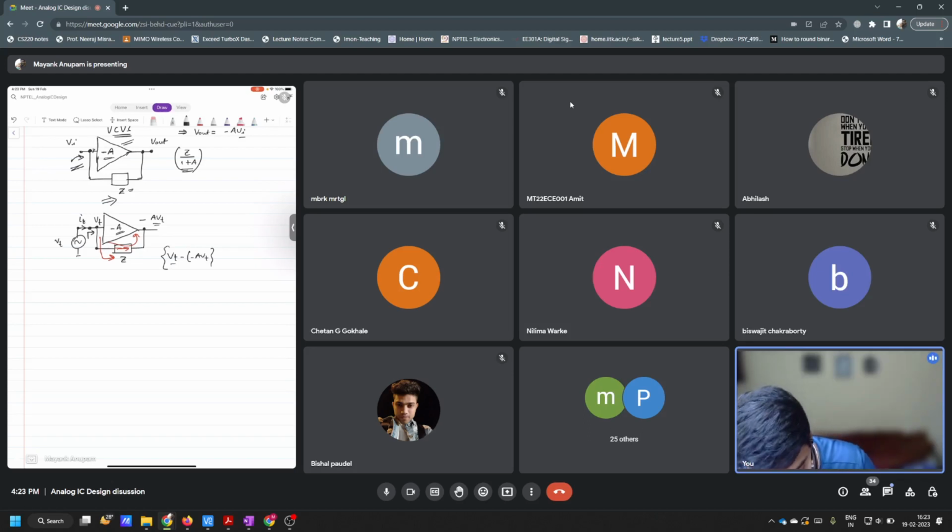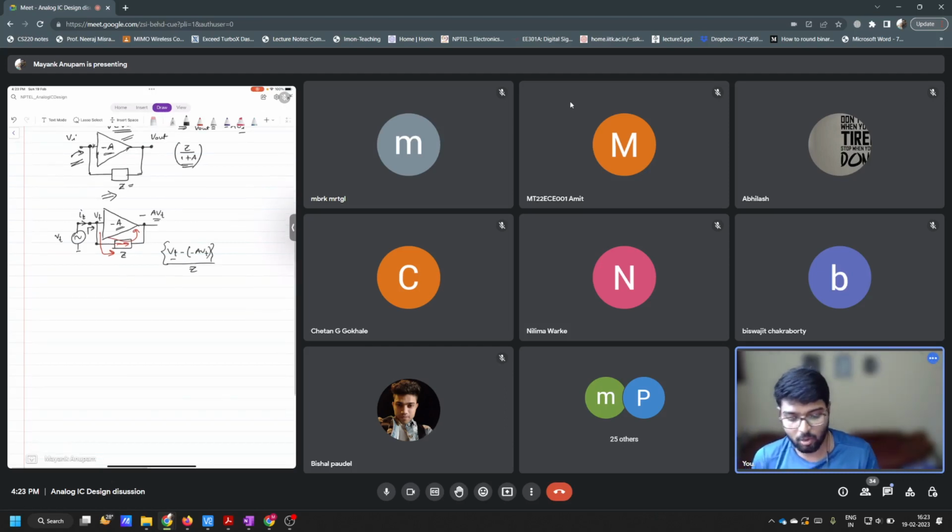So the current will be Vt minus (minus A Vt), that is Vt times 1 plus A, divided by Z. This is the current flowing through Z. And this current is also flowing through this voltage source, because a VCVS cannot take any current. The current here is 0.